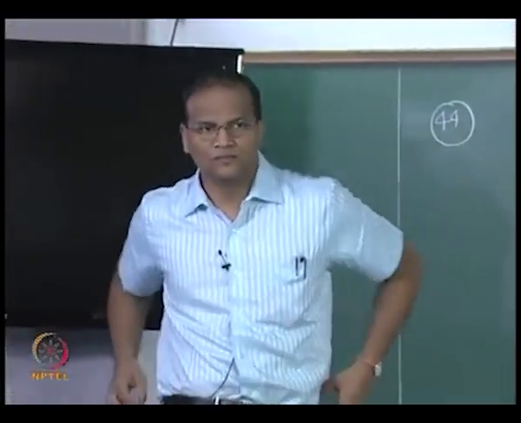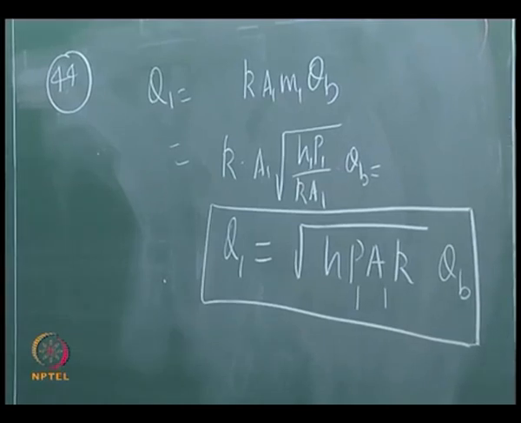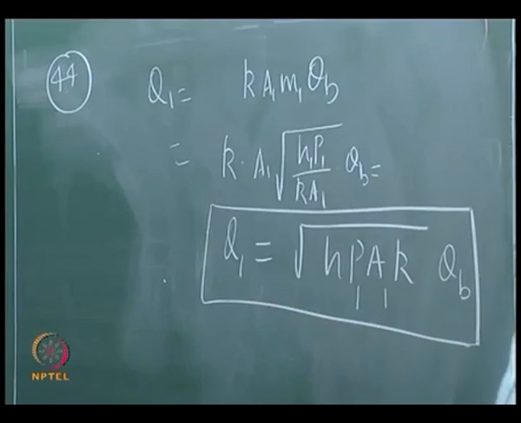There is a mnemonic here. Q is root of h P k A theta b, so you can remember it like that. Q is equal to root of h P k A theta b.